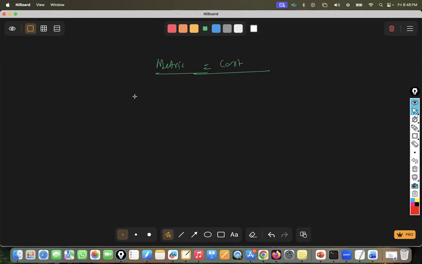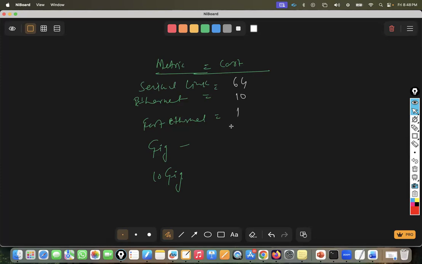Each interface, whether Ethernet, fast Ethernet, gigabit Ethernet, 10 gig Ethernet, or quite slow serial links, has a different cost. The serial link is going to be a higher cost, like 64. Ethernet is going to be 10. Then it is going to be 1, 1, 1.